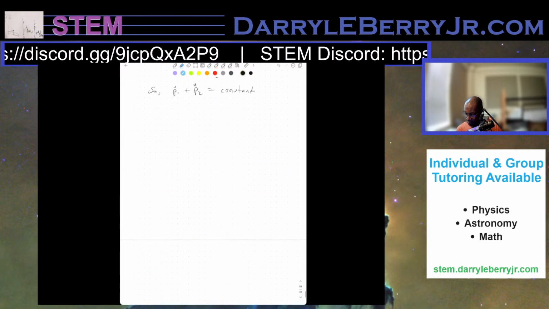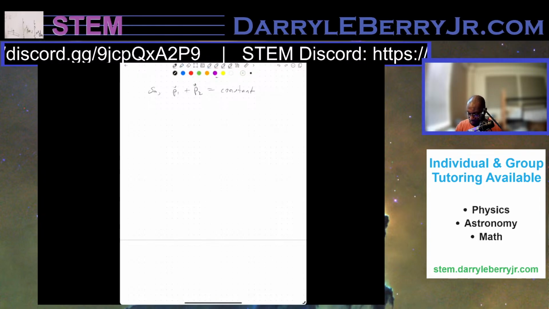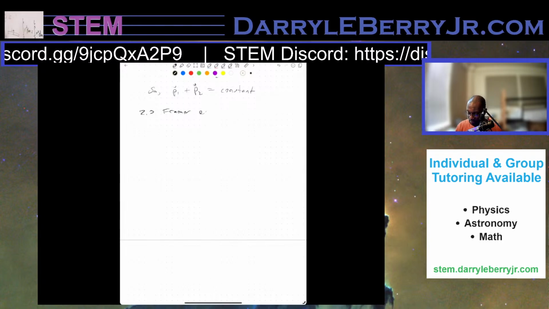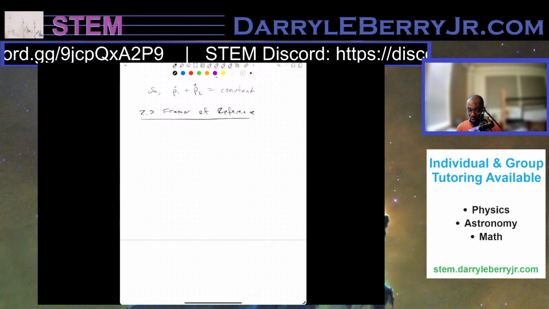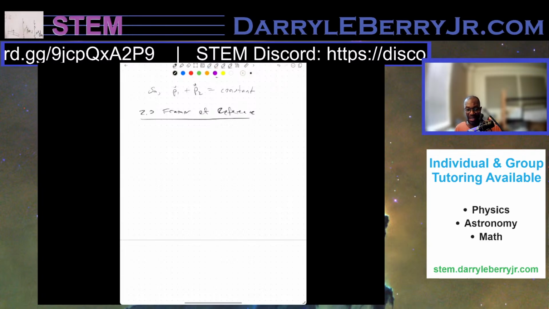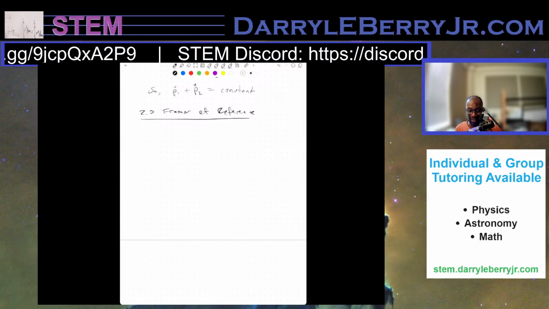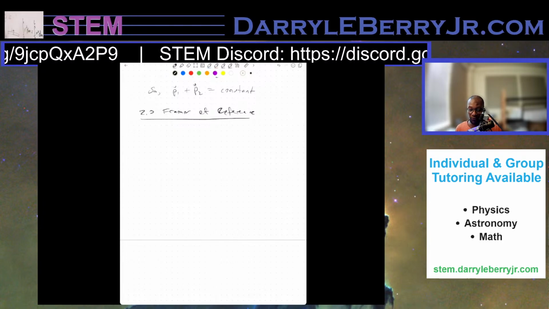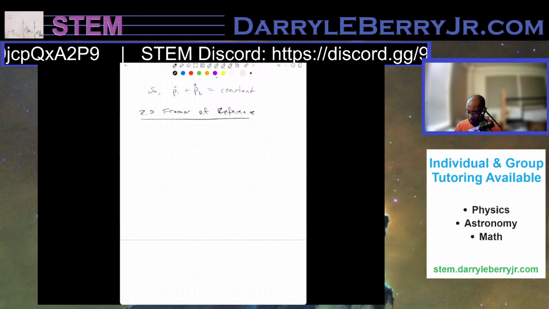Frames of reference. 2.3. We need to realize that for the laws of motion to have meaning, the motion of bodies must be measured relative to some reference frame. A reference frame is called an inertial frame, and Newton's laws are indeed valid in that frame.